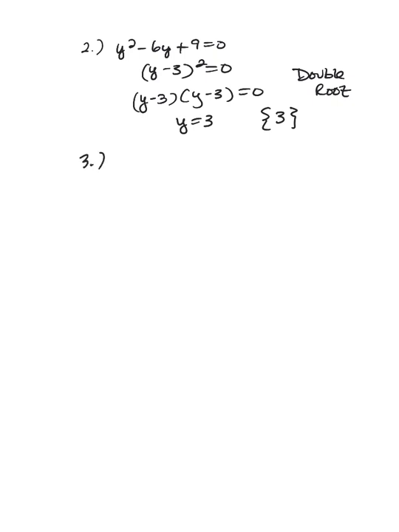All right, let's say you have 6x squared plus 5x equals 4. Bring the 4 over. 6x squared plus 5x minus 4 equals 0. Now you can always do trial and error, by the way, to get these factors.